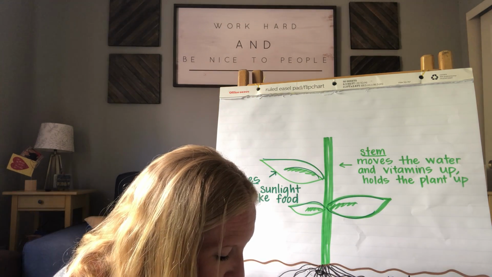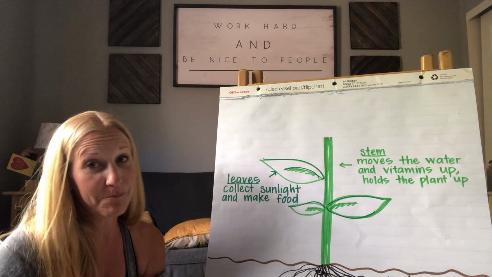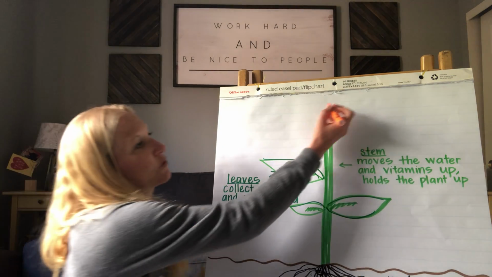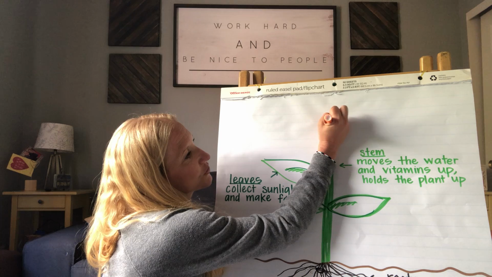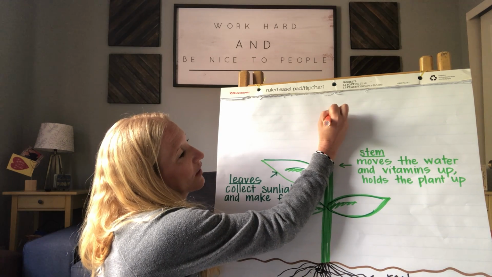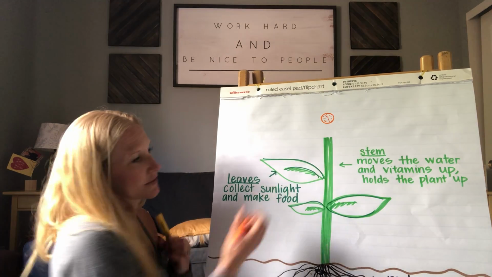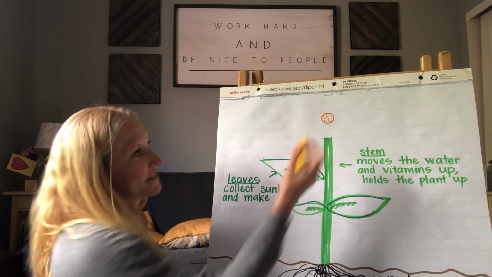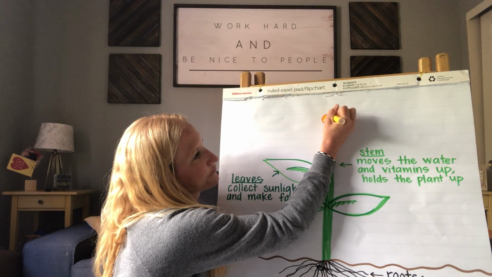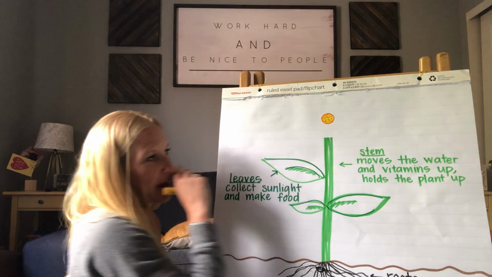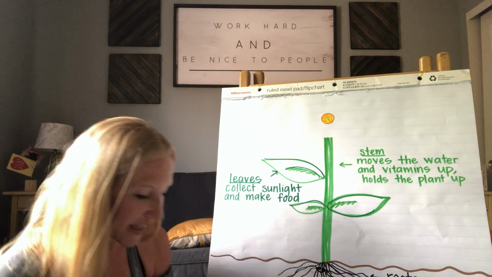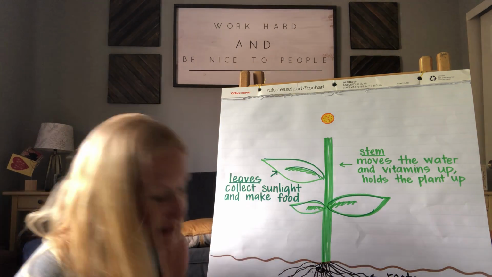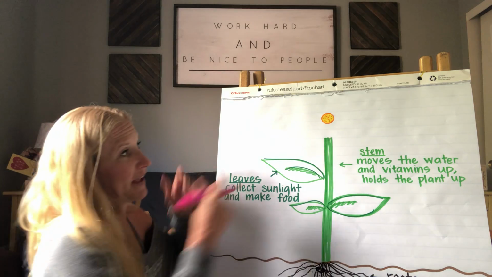So the part that I'm going to start with is the middle of my flower, and I'm going to do an orange circle with some orange dots, and then I'm just going to color it in yellow. Okay. And then I'm just going to do some basic flower petals at the top.